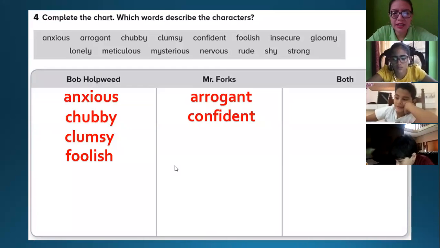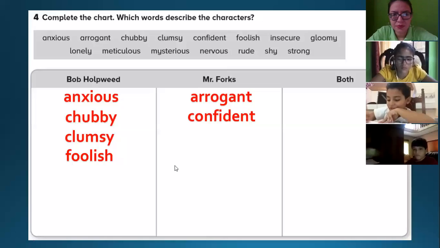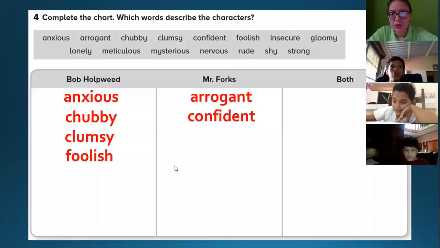Okay, Fausto, who is insecure? Miss, we can't find that page. That worksheet I sent you in your emails. Remember, I sent you the link for the last class. I sent the worksheet.